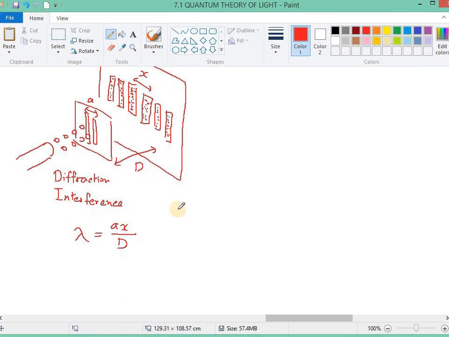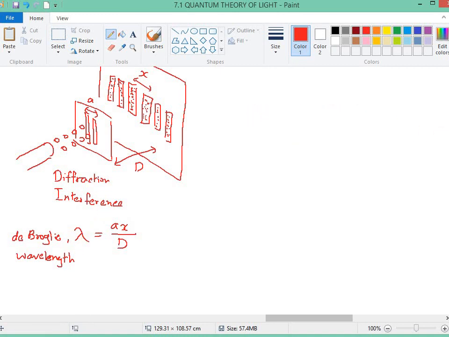So we put a, x, and d inside here, then we can get the wavelength of the electron. The wavelength of any particle, we call the de Broglie wavelength.